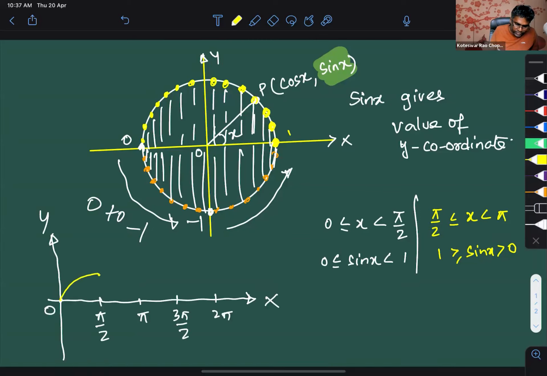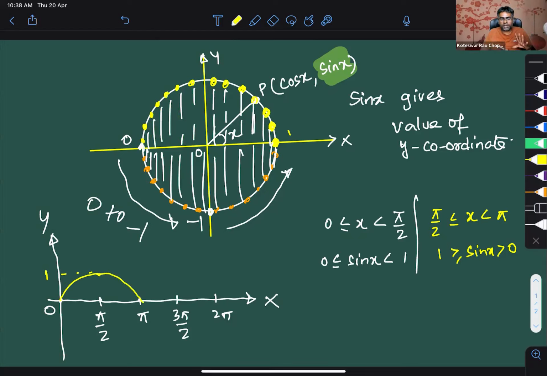So this is 1. And from pi by 2 to pi, your y values are decreasing. See, these are dropping, becoming smaller in height, and then almost 0. So this graph will go and then meet the x-axis at 0.